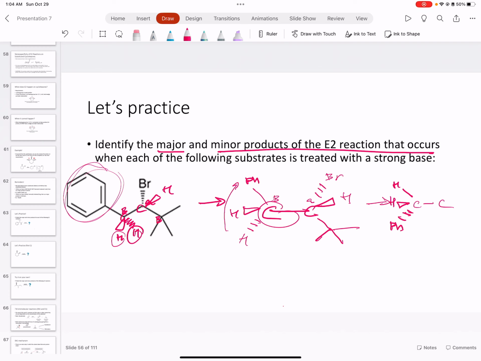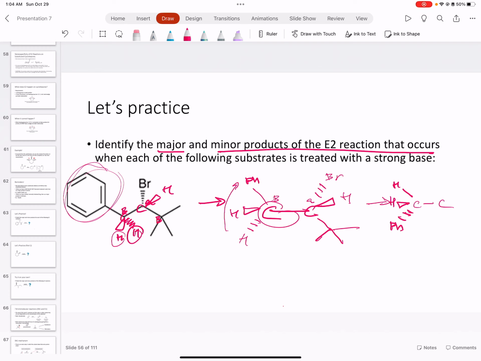And then to save time, we only have to rotate this one. So then let's see, we are gonna keep this one the same just because our leaving group has to be in a regular bond, but we can always change this one.